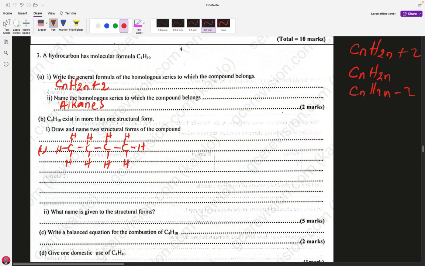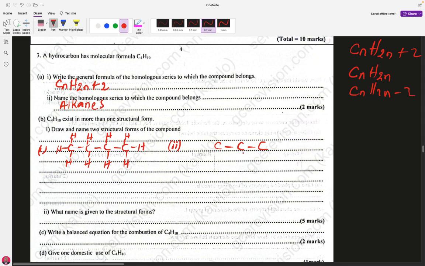Then the other one. We have said draw and name 2 structural forms of the compound. The other one is a branched one. Let's see how it can branch. We have carbons 1, 2, and 3. It can either branch up here or down here.